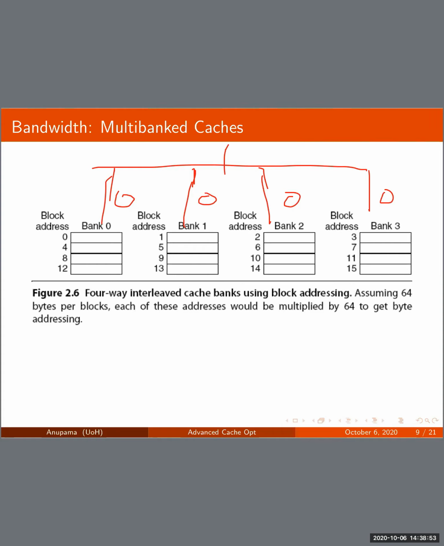Basically, the block address will now probably consist of bank information also, from which bank it came. It can be part of the block address, or it can be additional bits which come back and tell you who won the bus.